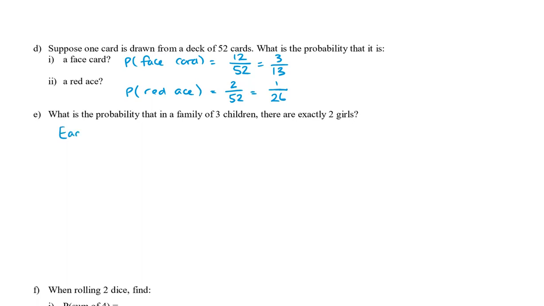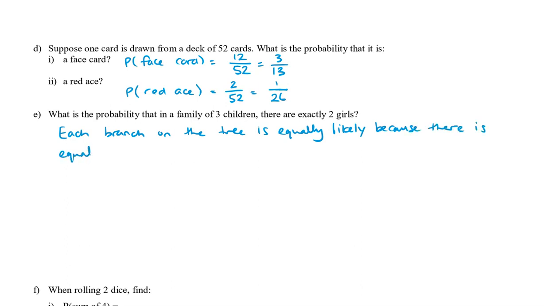Each branch in the tree is equally likely because there's an equal chance of getting a boy or a girl.